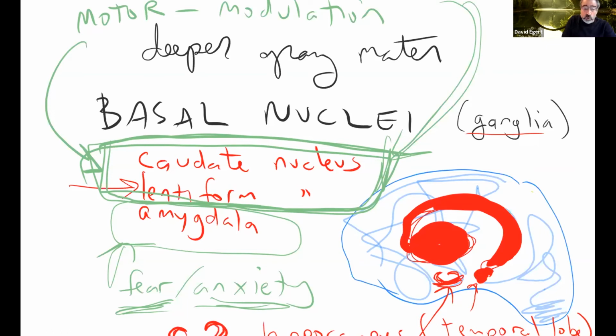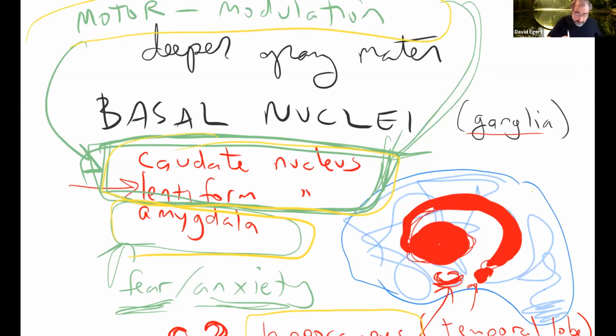Hippocampus means seahorse. Somebody thought, oh my God, it looks just like a seahorse. The hippocampus is also important in emotions and, we'll see, is critical in forming long-term memories. So hippocampus will be important pretty soon. Amygdala will be important. Caudate and lentiform are important for motor modulation.